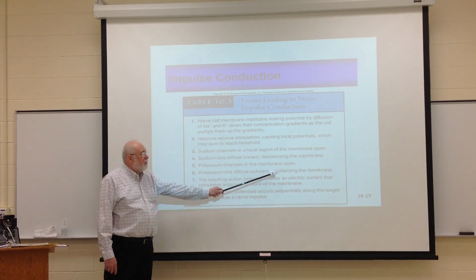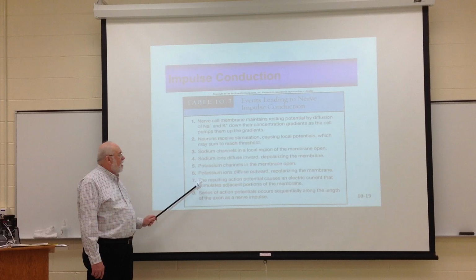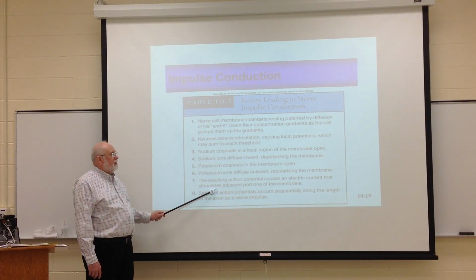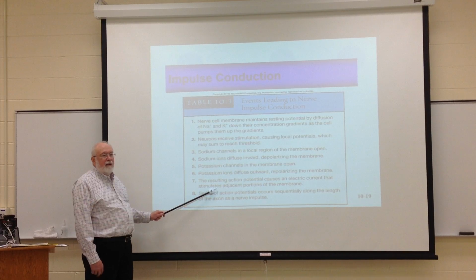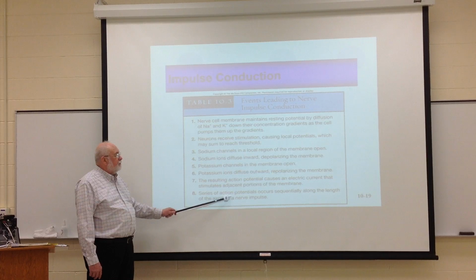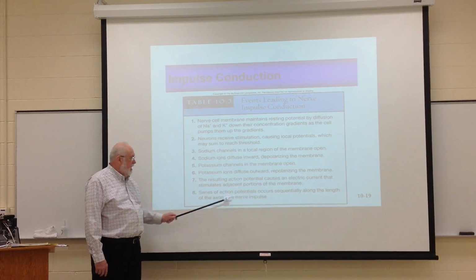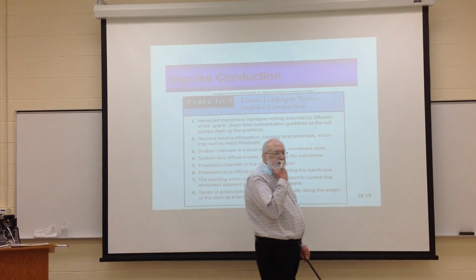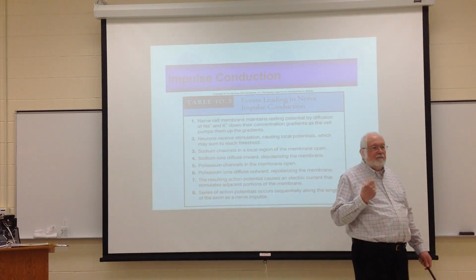Potassium ions diffuse outward, repolarizing the membrane. The resulting action potential causes a current that stimulates the adjacent portions of the membrane. The action potential spreads or propagates, and a series of action potentials occurs sequentially along the length of the axon as the nerve impulse. All right, there you go.